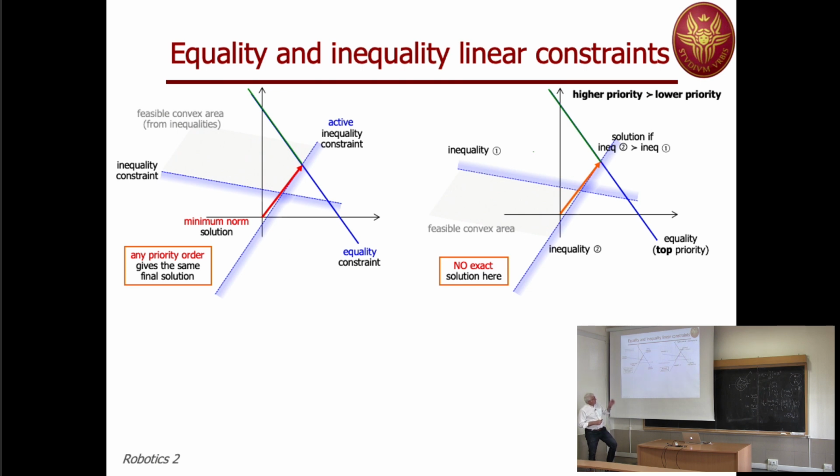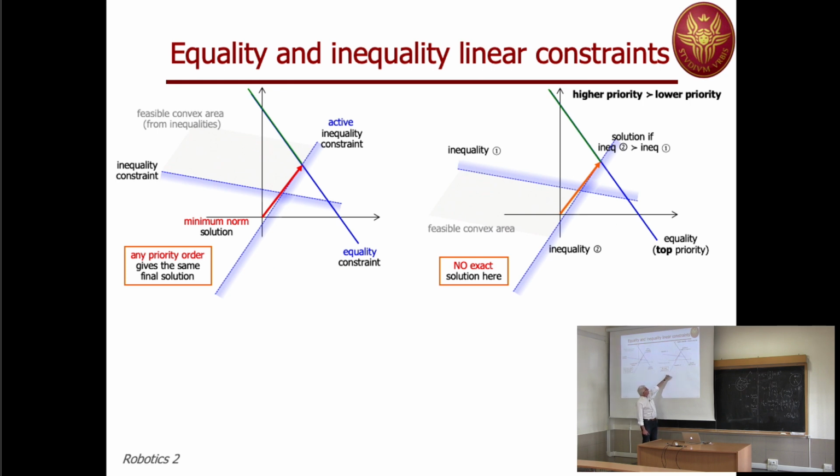So suppose that you take the equality as top, first highest order priority, and then you consider inequality 2 more important than inequality 1, so of second priority and third priority.